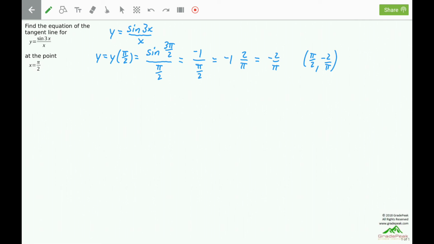The next thing we need is the slope of the tangent line, and that's the derivative. So now we're going to take the derivative of the function, y prime, or dy dx.